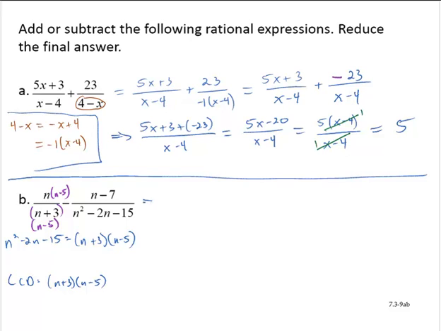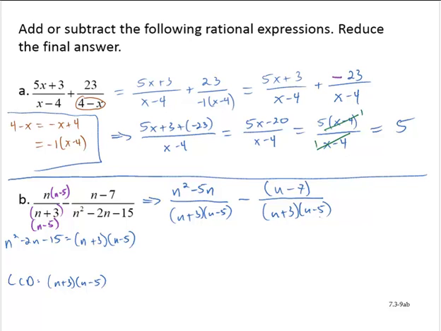Alright, so then this gives us the first fraction, n times n minus 5 is n squared minus 5n over the denominator, which is n plus 3 by n minus 5. Subtract. Now remember, when we subtract, we always want to put parentheses around that second numerator. Alright, so now I have these two fractions.